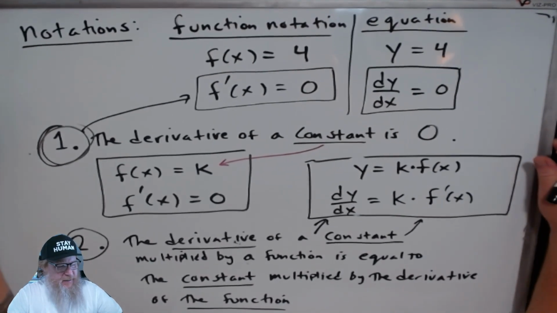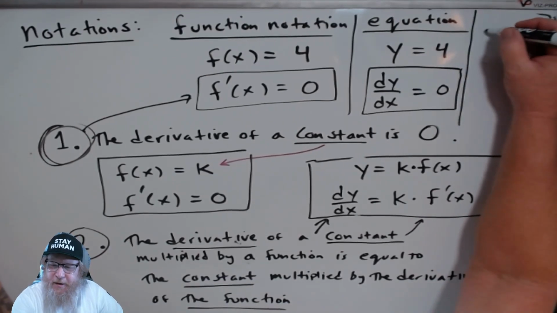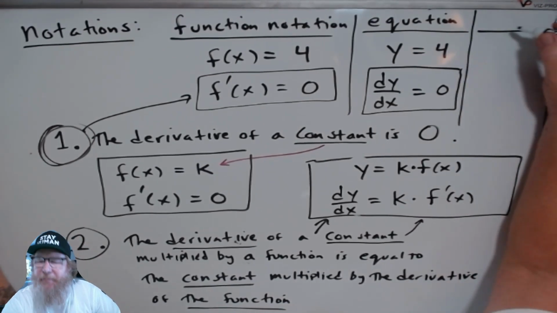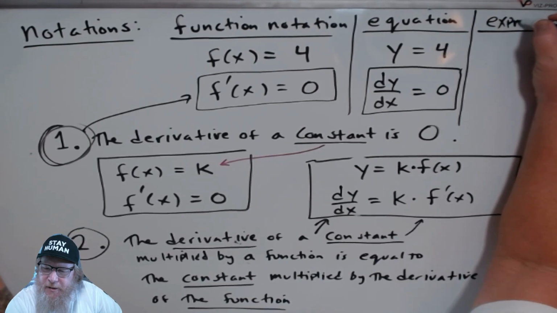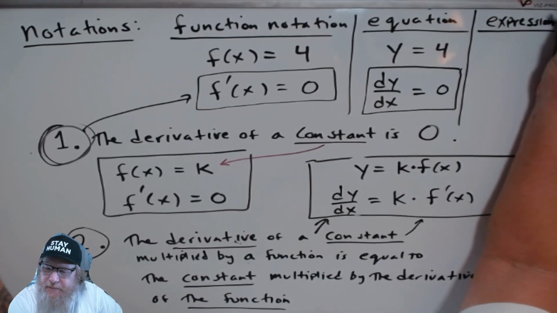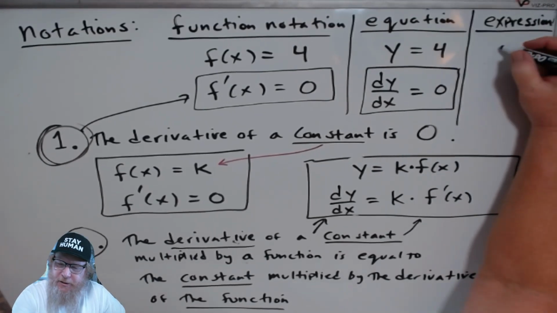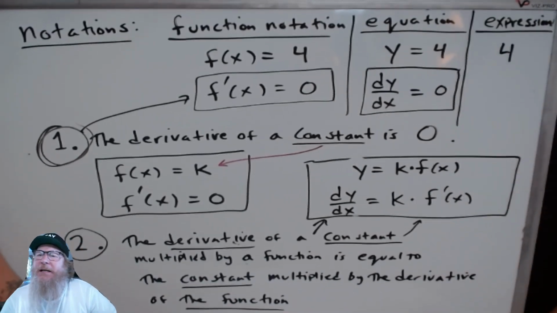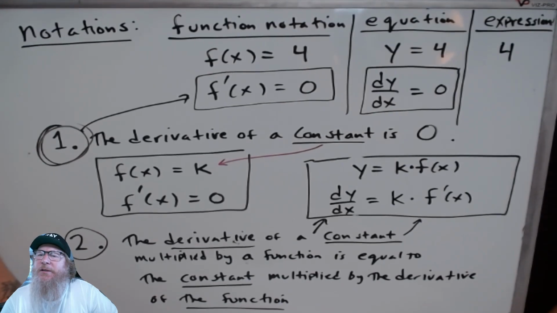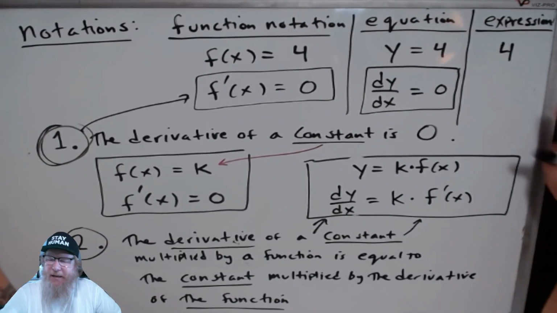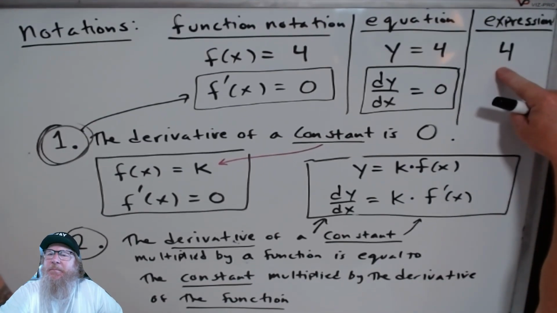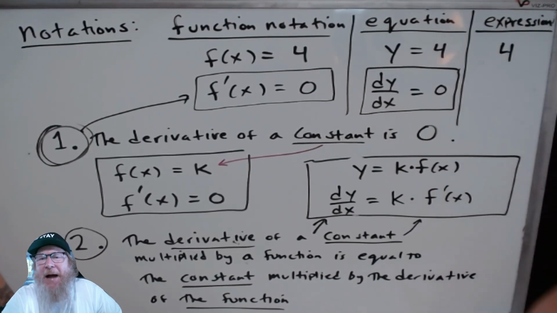And finally, over here in the corner, barely have any room for it, I have what's called expression notation. It's also known as operator notation. Operator notation is where you don't have a variable. Well, I shouldn't say it that way. There might be a variable.